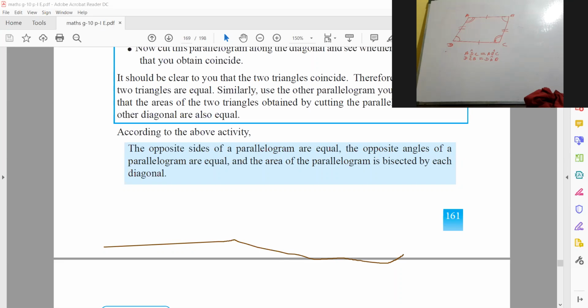Right? Then the next property is that diagonals bisect the area. A diagonal is a line which joins the opposite vertices of a parallelogram, right? Here, this is one diagonal, and this is the other diagonal. There are two diagonals in a parallelogram.